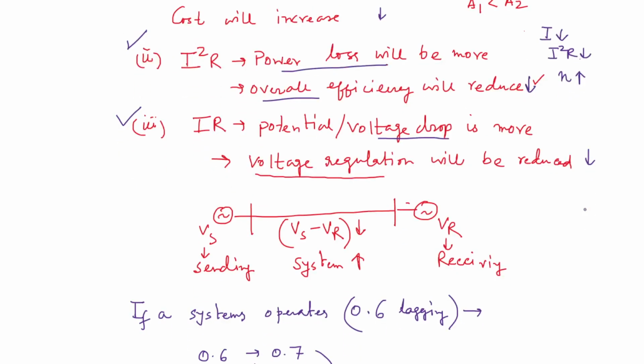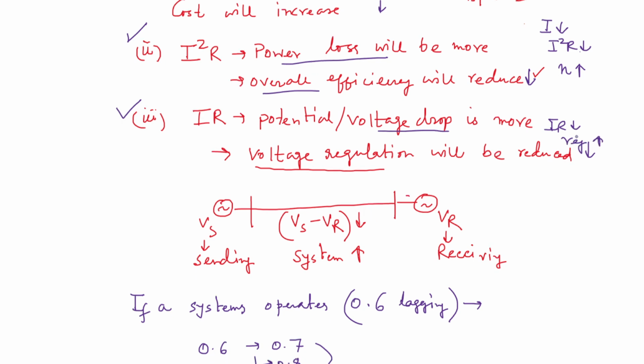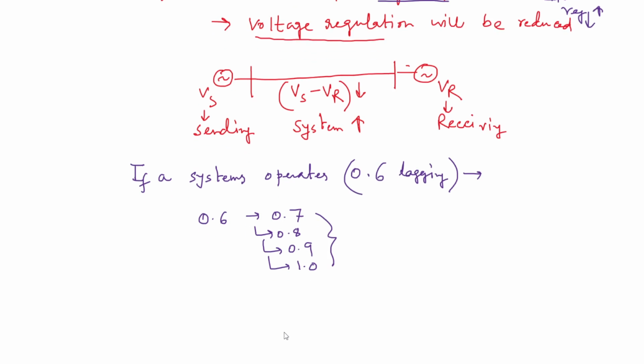And similarly, if the current will be less, then IR drop will be less, then regulation will be more. So if we can increase the power factor from any value nearer to unity, then it is good for our electrical system.